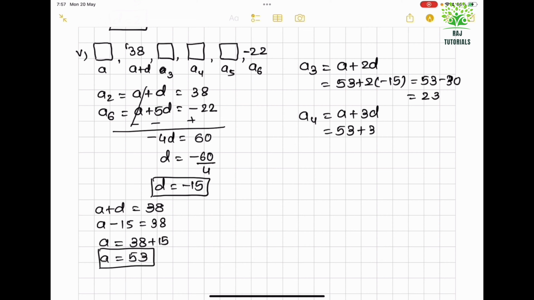So 53 plus 3 into -15. 53 minus 45. So that is 8. And A5, A plus 4D. 53 plus 4 into -15. -7.